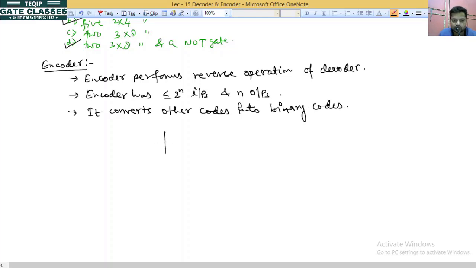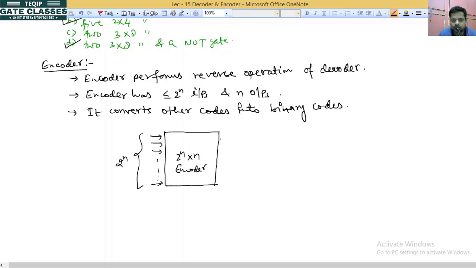So if we have a 2 power n cross n encoder, how many inputs does it have? 2 power n inputs here and how many outputs? n outputs here. This is the block diagram of 2 power n cross n encoder.